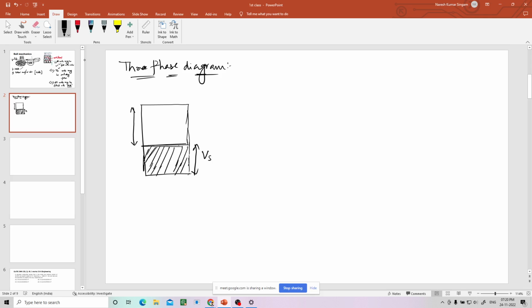The remaining, this total, will be the soil mass. This is total V. Just V is the total volume of soil, right? So the soil is generally present in this form.